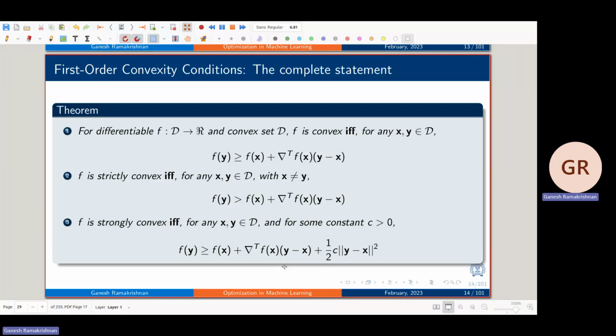And the strong convexity says not only will it lie above, but there must be some margin. So we'll write down the case of strong convexity.